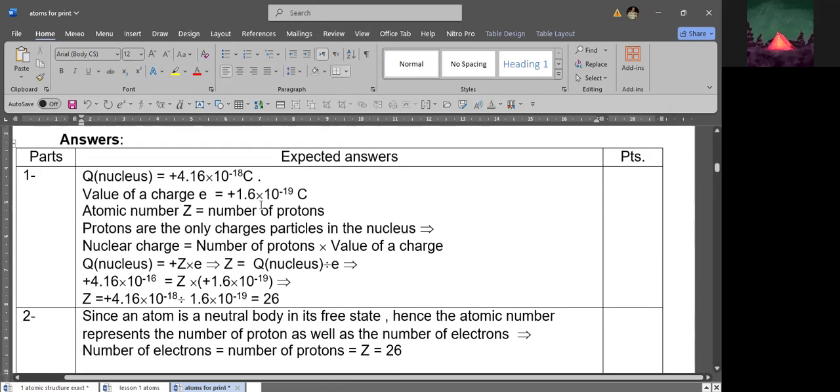The atomic number is the number of protons. Protons are the only charged particle in the nucleus.